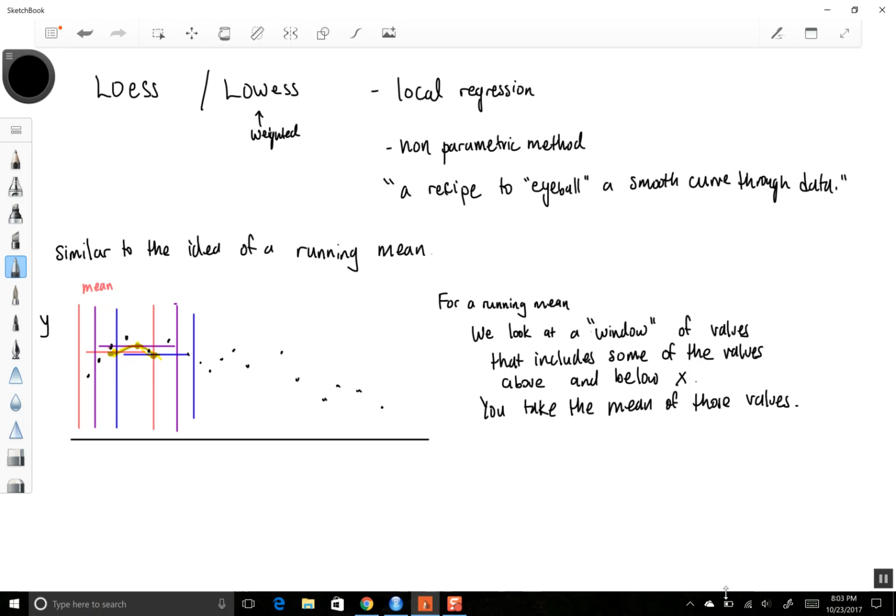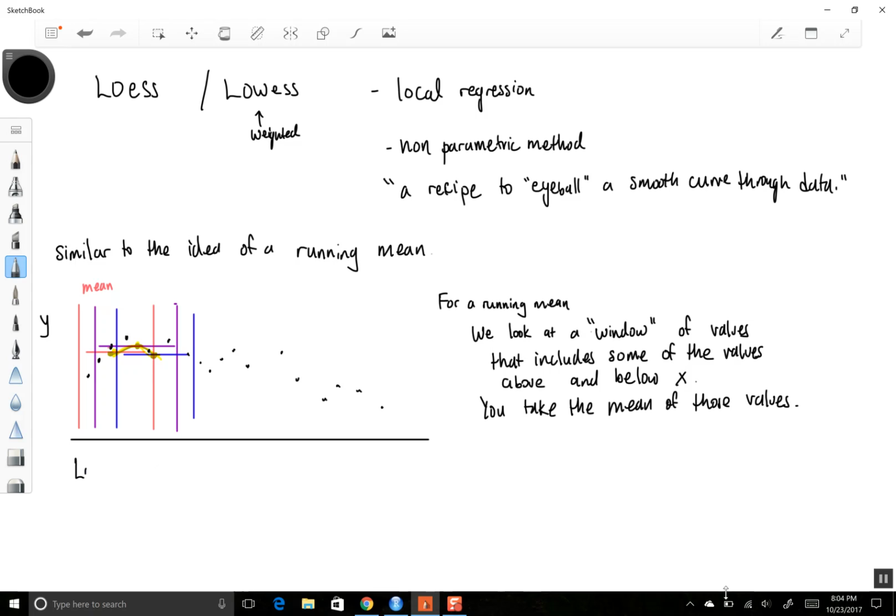And then the ones that are further away have a weight of 0.6, then 0.4, and 0.2 down to 0. Okay, and so now the values closer to our location x factor more into the average, and the other values factor less.